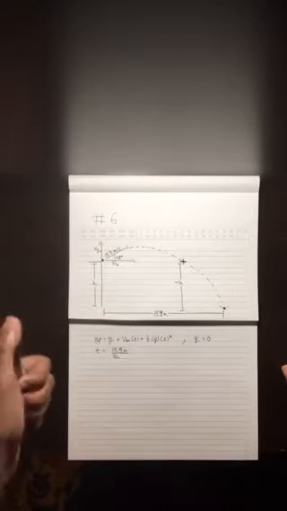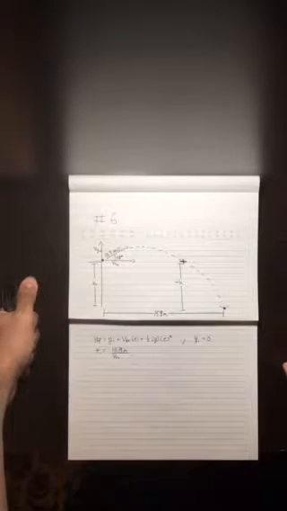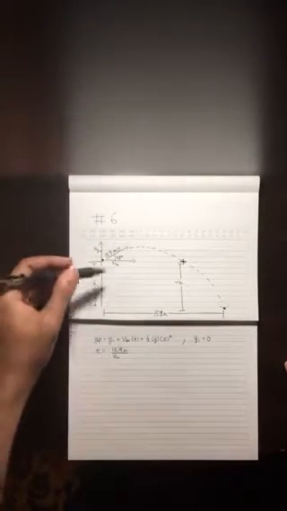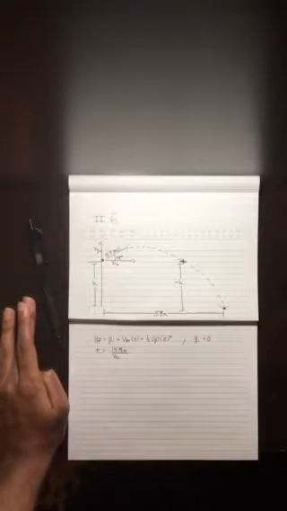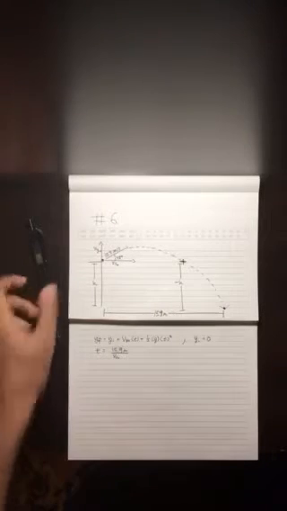So, we don't know the y velocity, the vertical velocity, and we don't know the time that the ball takes to get to the ground. We can solve for both of these. The vertical velocity will simply be, you should actually know how to do this.